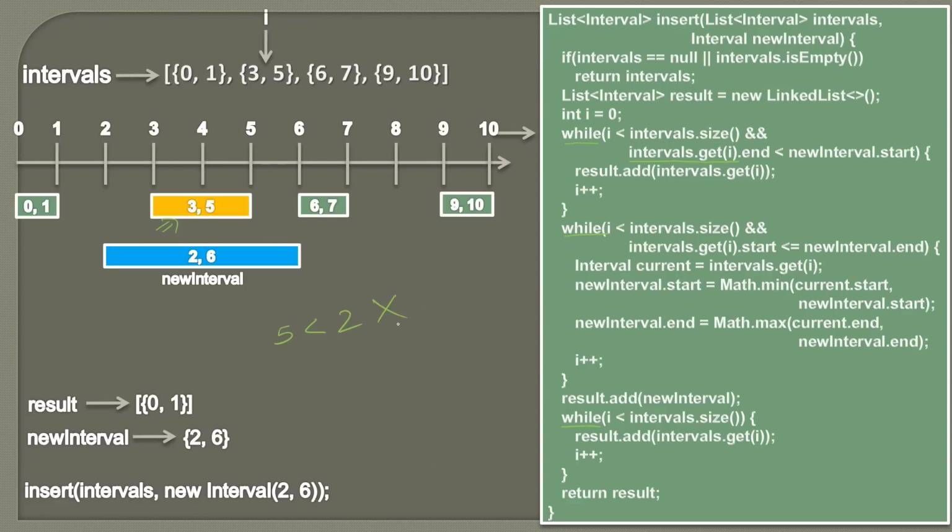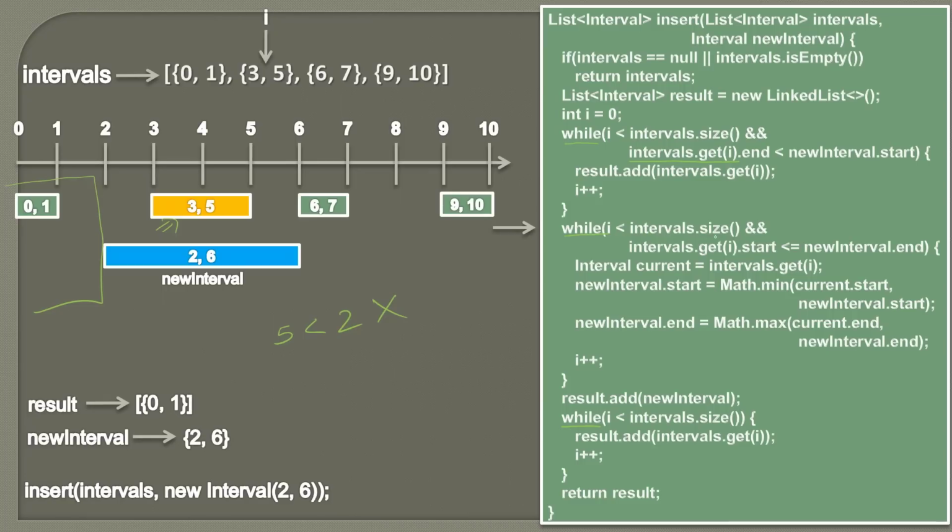So this condition comes out to be false, which suggests that all the intervals which were just coming before new interval have already been part of the result, and once we reach on this interval, this condition comes out to be false, which actually states that 3, 5 will either lie in the area of new interval or beyond that, but it won't lie here in the region 1 because this condition came out to be false. So ideally this while loop will terminate, which signifies that all the intervals which were coming before new interval have been added to the result list, and we can move ahead with the another while loop.